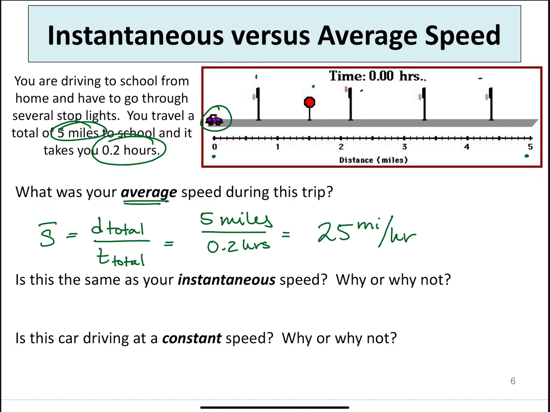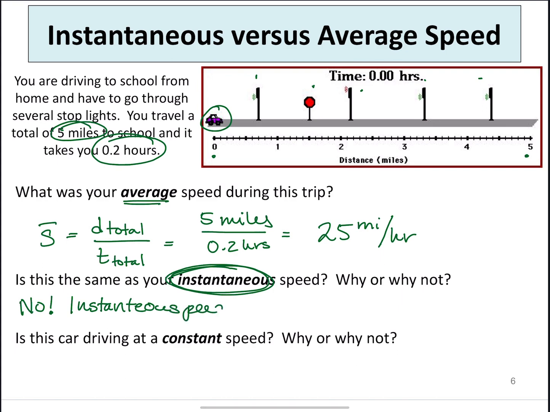Now, the question is, is this the same as your instantaneous speed? Why or why not? So this is an average speed, right? So instantaneous speed could be anything between 0 and 25 or even above 25 miles per hour. So no, this is not your instantaneous speed, because that is at a single point. So instantaneous speed is at a particular time point.